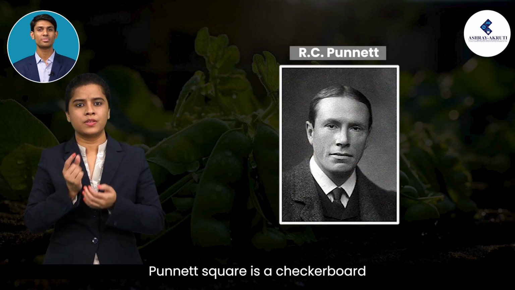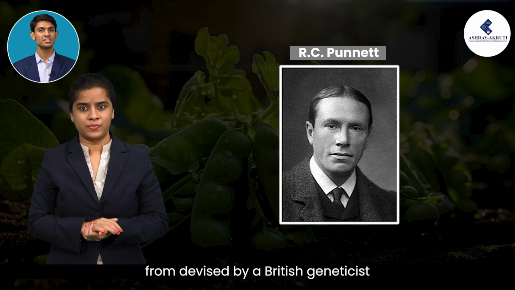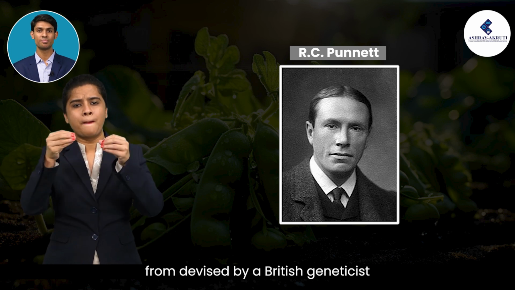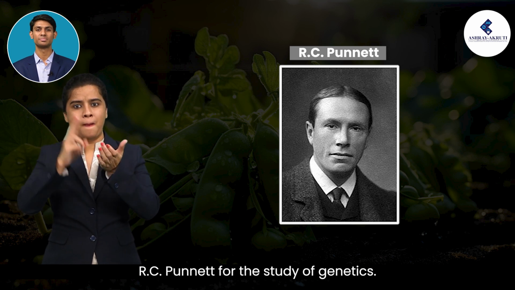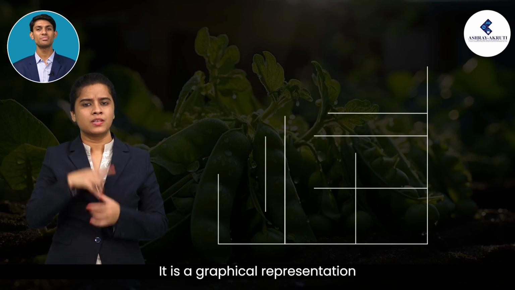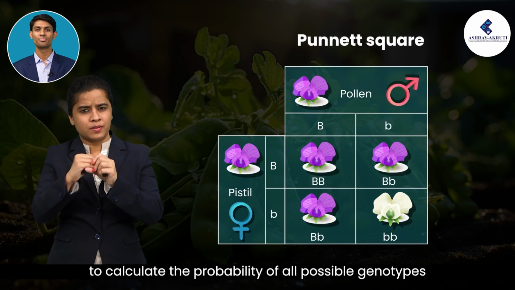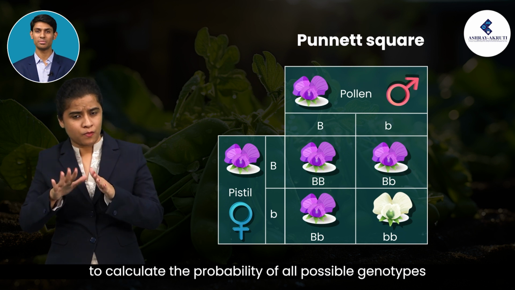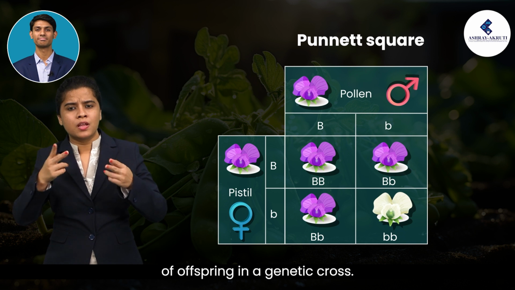Punnett square is a checkerboard devised by a British geneticist, R.C. Punnett, for the study of genetics. It is a graphical representation to calculate the probability of all possible genotypes of offspring in a genetic cross.